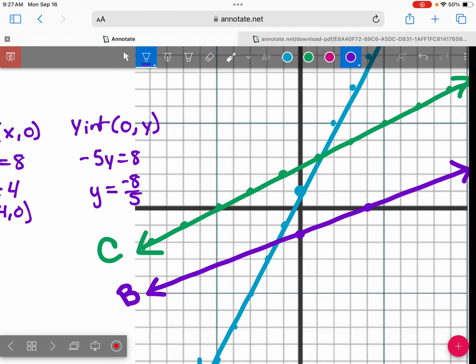You could also solve this into slope-intercept form. We would get 2/5 X minus 8/5. So we'd still be starting from a weird decimal-y Y-intercept. But we can do that.